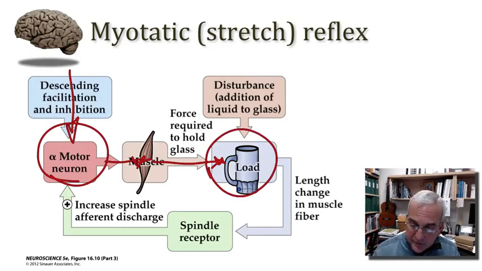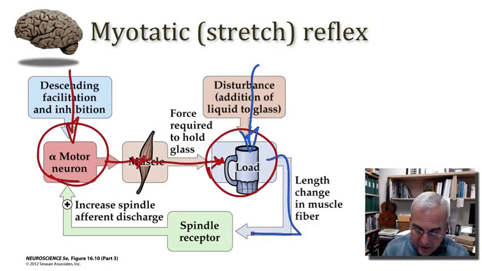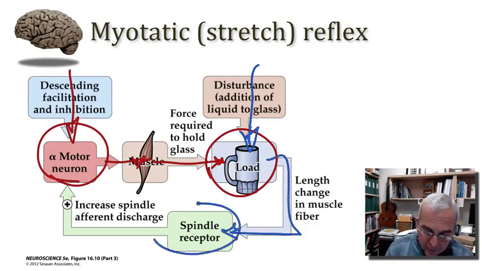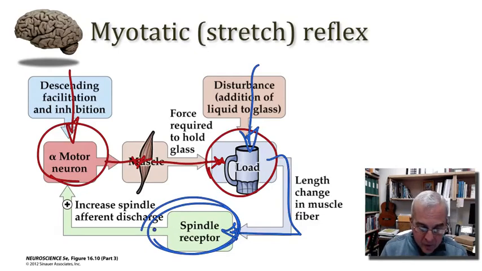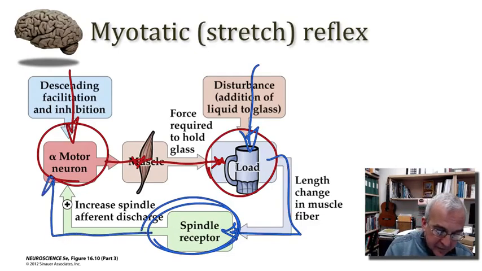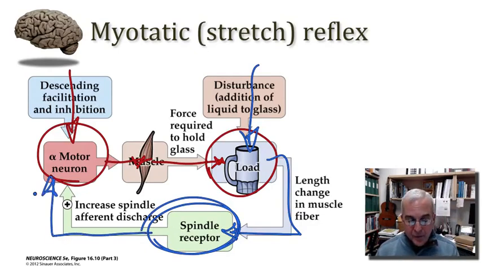So as some disturbance is now added in the form of liquid coming into this receptacle, there's a change in muscle length, which is sensed by our muscle spindles, and now afferent activity is fed back to the relevant alpha motor neurons that then increase resistance against this changing load.